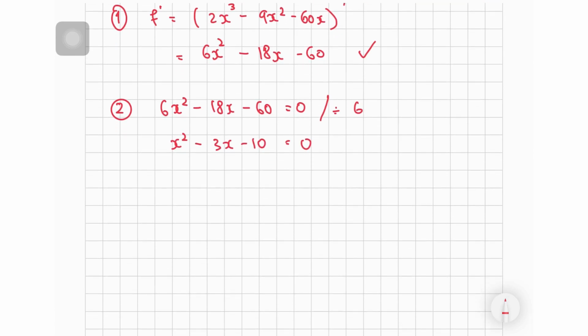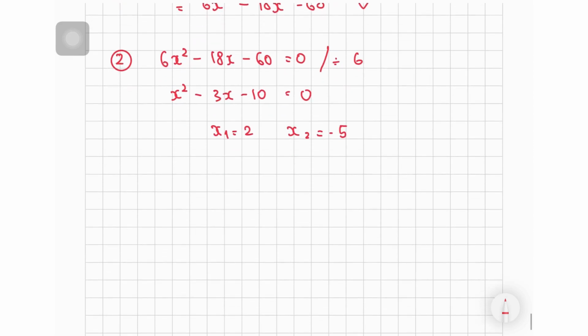We can try to solve this. x1 is 5, x2 is minus 2.